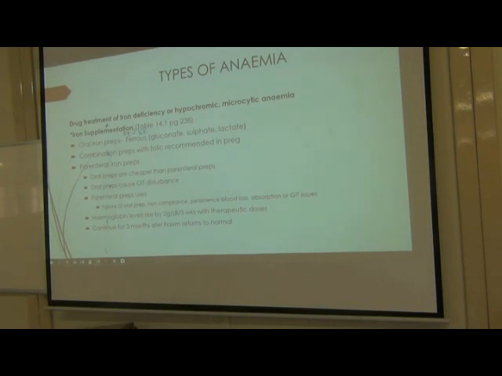So as you rightly say, iron supplementation is the treatment for iron deficiency anemia. Iron supplements come as oral preparations or parenteral presentation, or combined with folic acid. Orals are cheaper and easier to use.